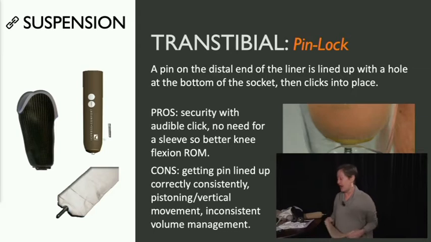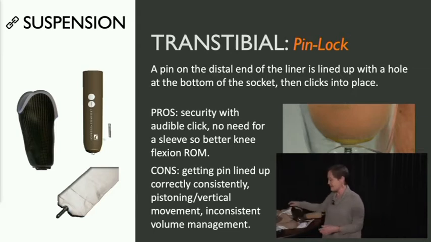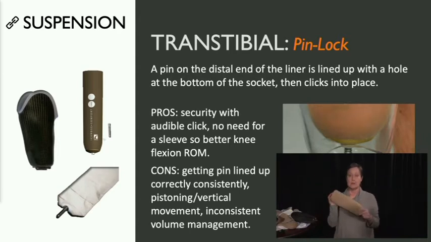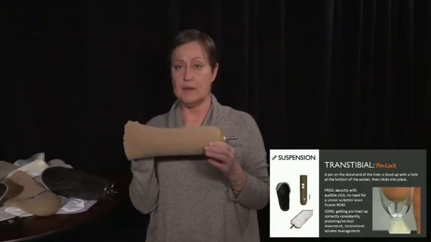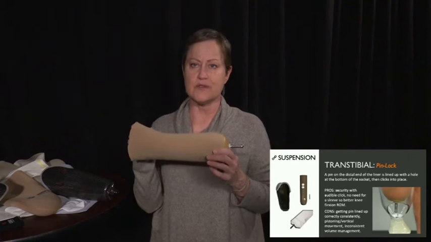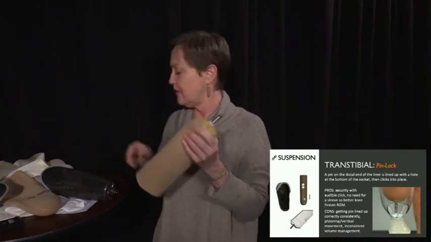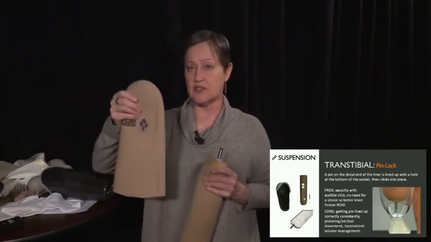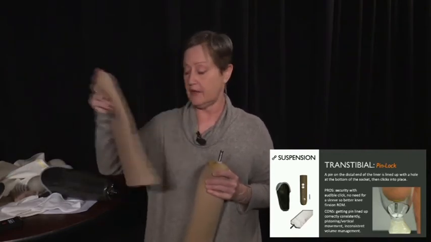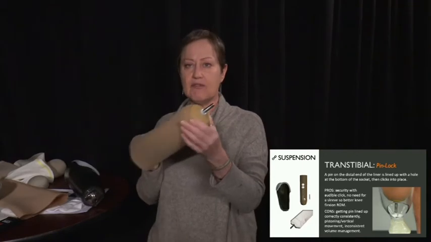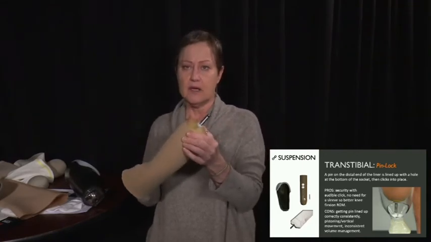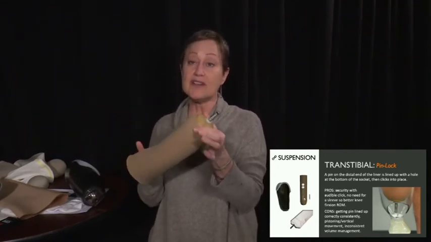Now, pin lock. When I started practicing over 20 years ago, this was the most popular that I saw all the time. It was before the suction system was really going well and used traditionally. So this liner for the suction system is called a cushion liner. This liner for the pin lock system is called a locking liner.